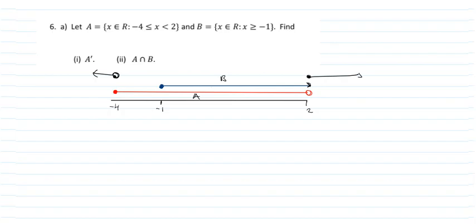So now how do we list this? A complement is equal to, you have seen there's an infinity there that we can't see, then comma -4.